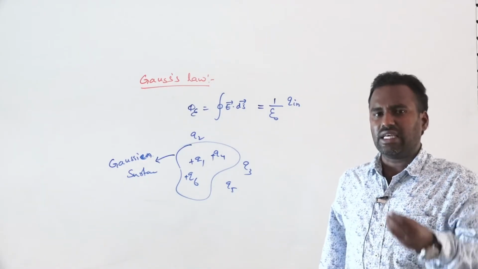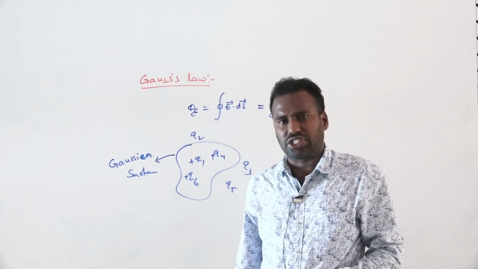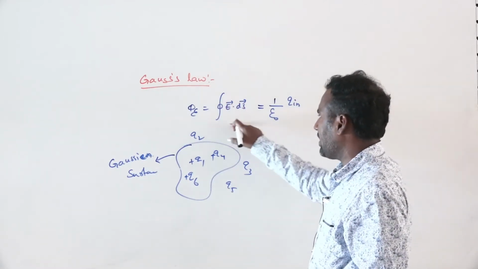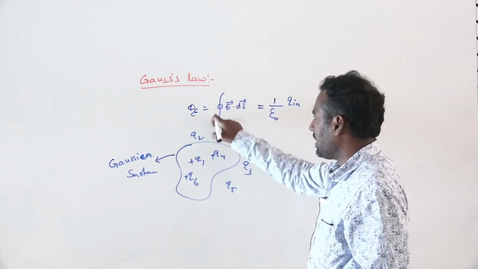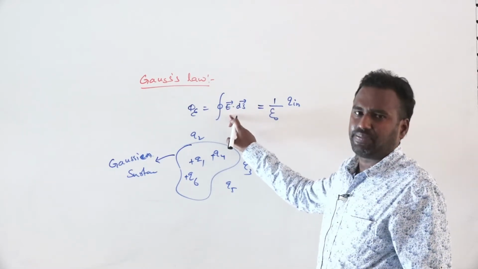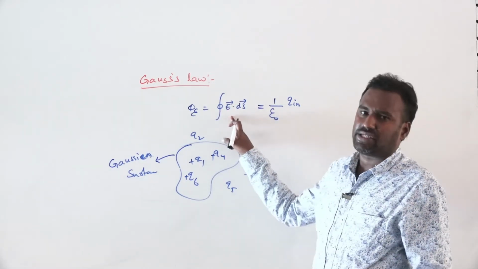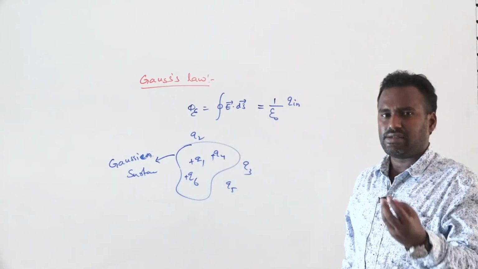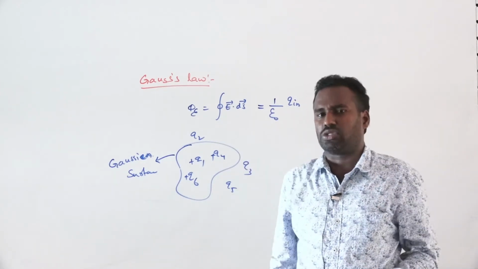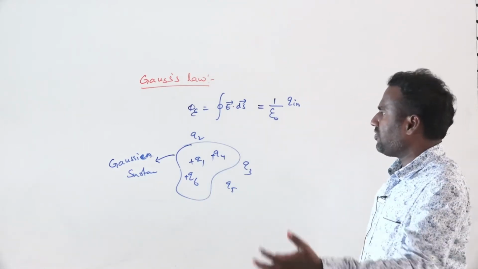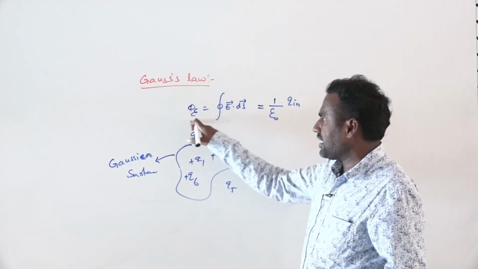If we consider a random Gaussian surface, then when you are finding the closed surface integral of E bar dot dS bar over a completely closed surface, and when you are integrating, it will be complex. So, to avoid the complexity, we consider the simplest form of Gaussian surface, either cylindrical or spherical, which we will mostly use.